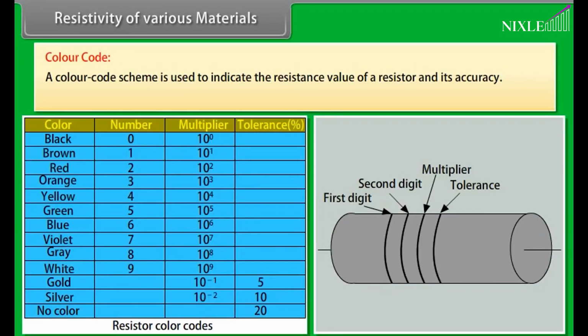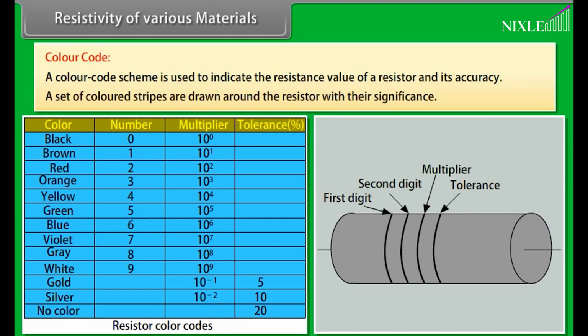A color code scheme is used to indicate the resistance value of a resistor and its accuracy. A set of colored stripes are drawn around the resistor with their significance. Let's take an example.